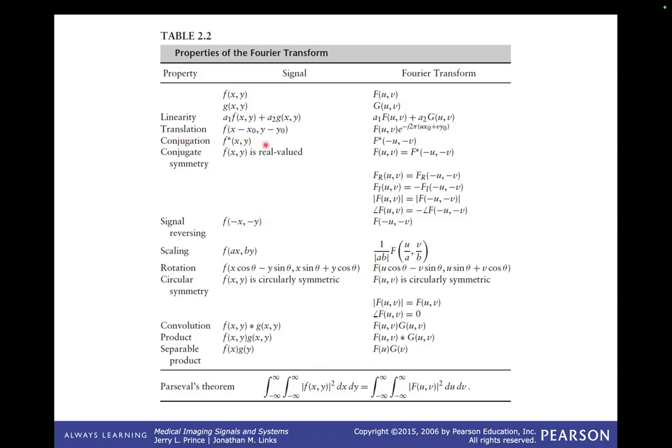If I have a function in the plane and I take its conjugate, because it's a complex function, then I know the Fourier transform is the conjugate of the Fourier transform of f, but flipped around the origin, reflected through the origin. So it's mu, negative mu, positive mu.